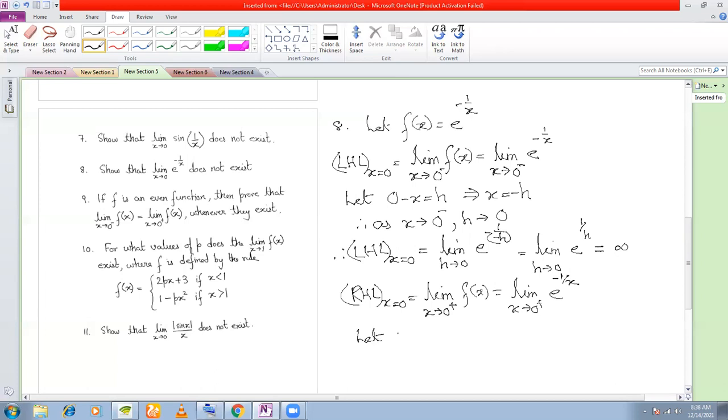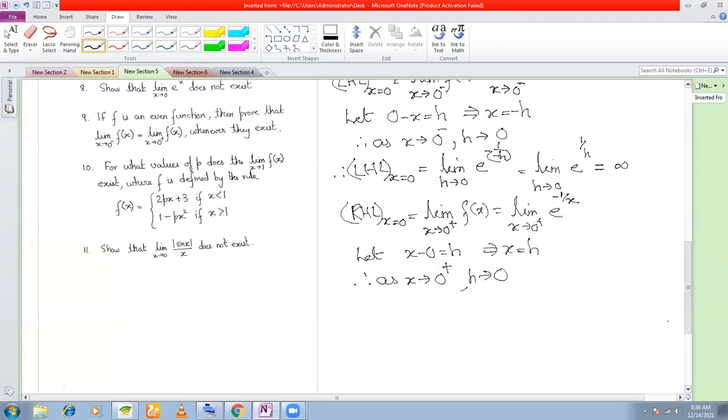So now in order to evaluate the right hand limit, what we do? x minus 0 is equal to h. Essentially, we are putting x is equal to h. Therefore, as x tends to 0 plus, h tends to 0. So what does the right hand limit become?